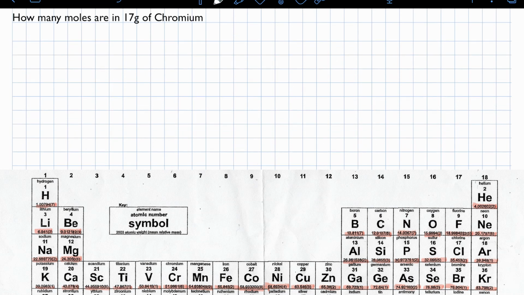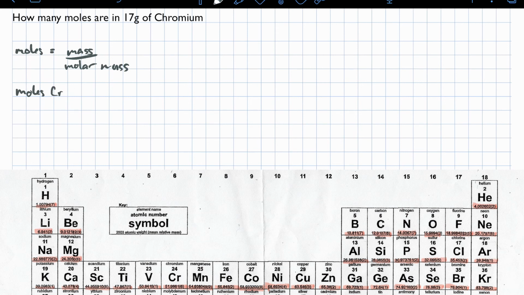So your fourth question asks you, how many moles are in 17 grams of chromium? This should be pretty easy. To determine moles, all we need is mass divided by molar mass. Now, what is the mass of chromium?